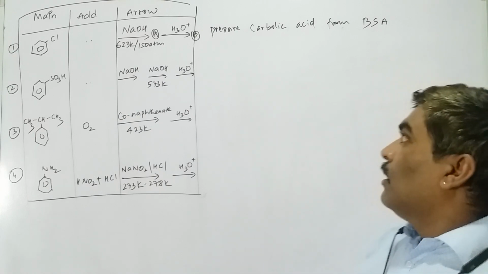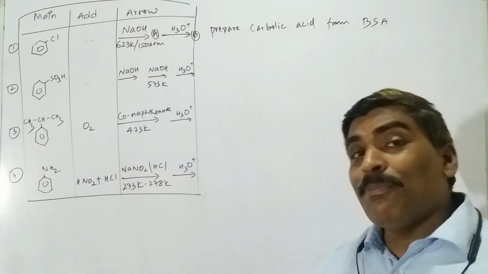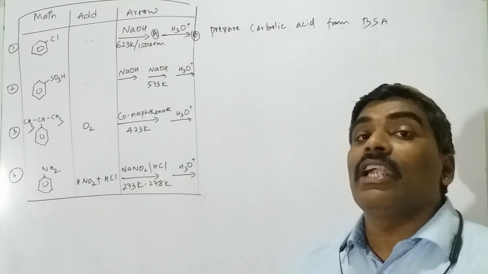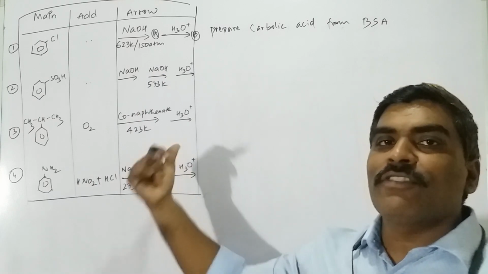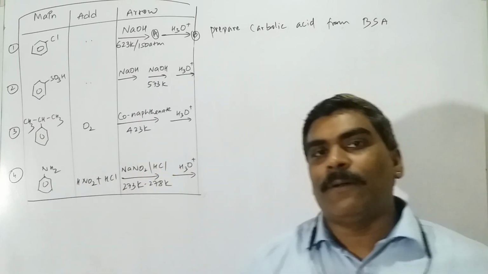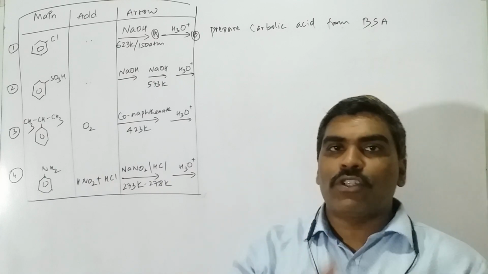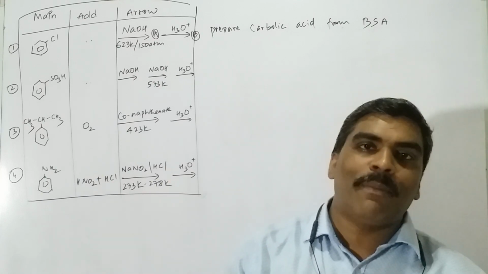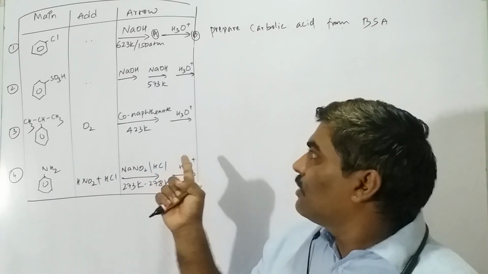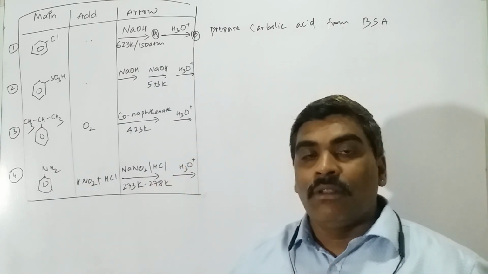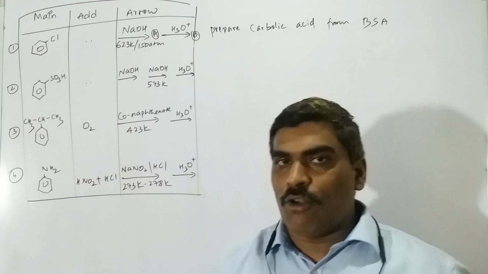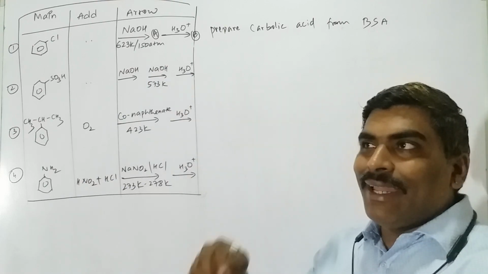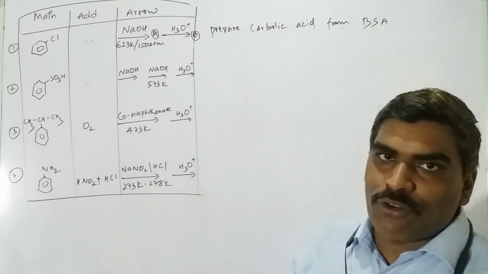Suppose this question is there, what is important here? We should know what benzene sulfonic acid is reacted with. From this formula, it is very clear that first we have to react with sodium hydroxide. Then in the next step again we have to react with sodium hydroxide at 573 Kelvin. And then finally acid hydrolysis. This helps to understand how many steps there are and what we have to react with first.